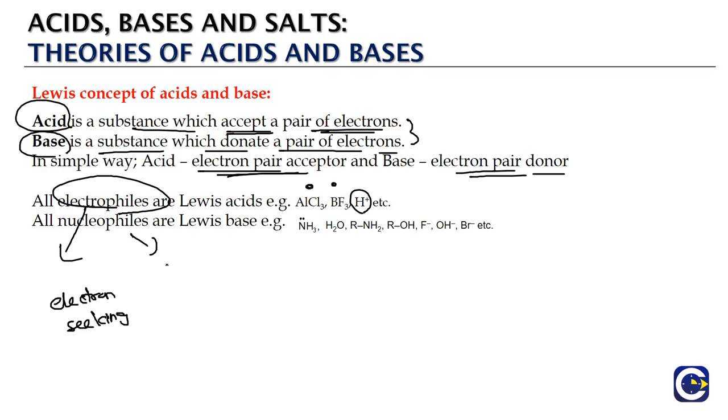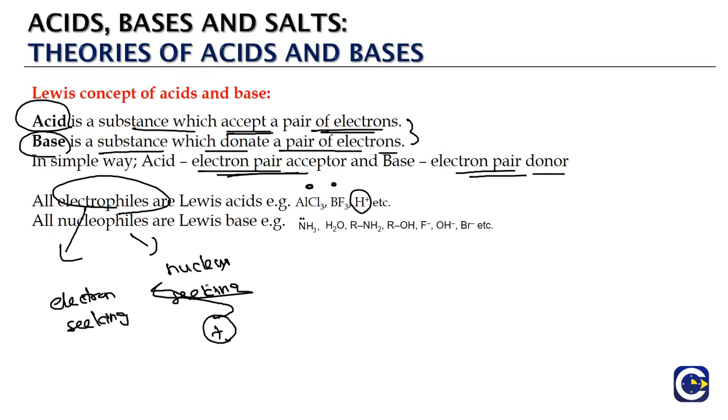Nucleophiles, the word nucleophile comes because it is nucleus seeking. Why nucleus seeking? Generally the nucleus has a positive charge. So if there is a species which has a negative charge or more electron density, then that species will be seeking the nucleus having a positive charge.